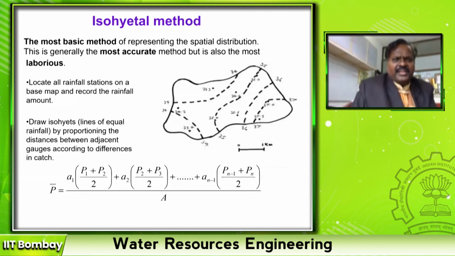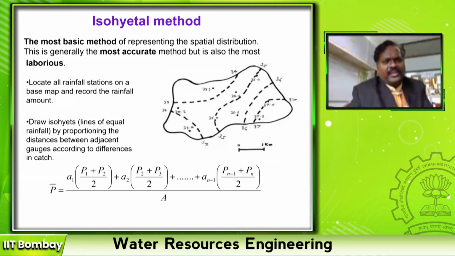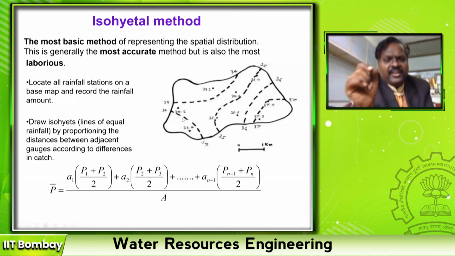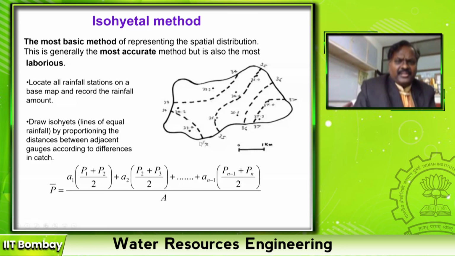The third method, which is the most accurate method, is the isohyetal method. It is nothing but, once I have the rainfall of each station, I can draw a contour. But I don't call that a contour. I call that imaginary line which connects points of equal rainfall depth an isohyet. Now then what happens? I have to measure the area between these isohyets.